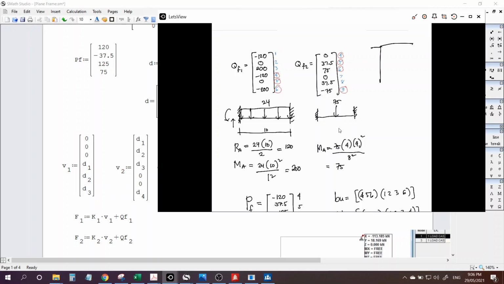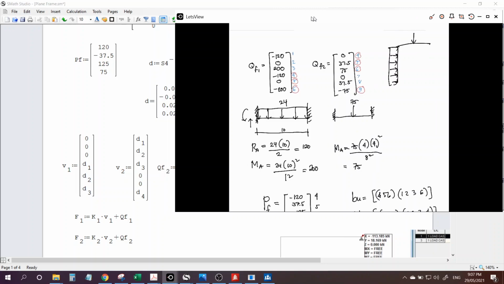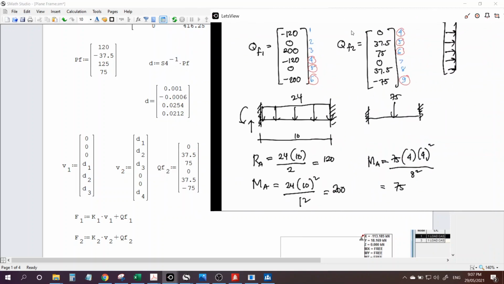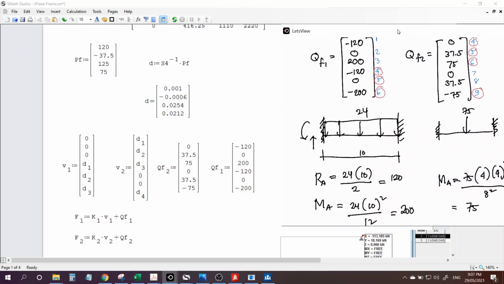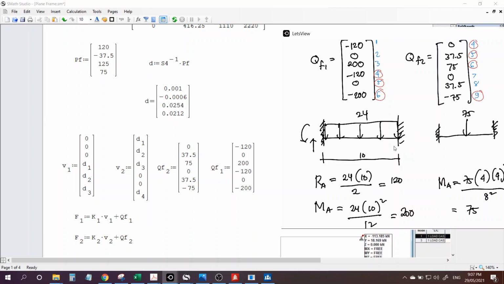We have a uniform load here and a concentrated load here. So what's the fixed end forces for a uniformly loaded member?